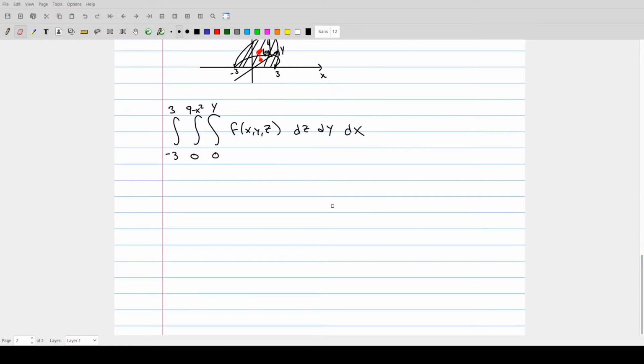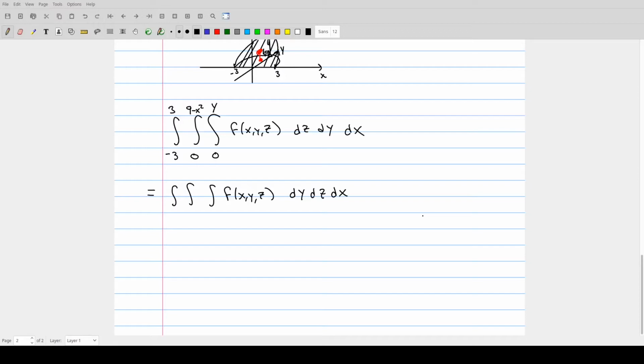If we were to switch the order, instead of dz, dy, dx, maybe do the triple integral of the function in the order dy, dz, dx.